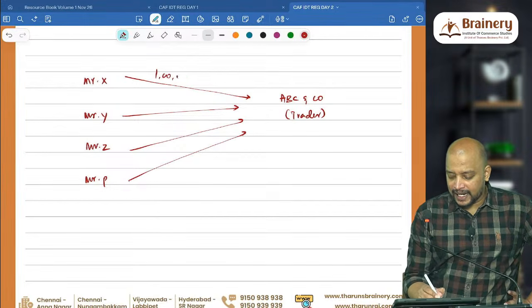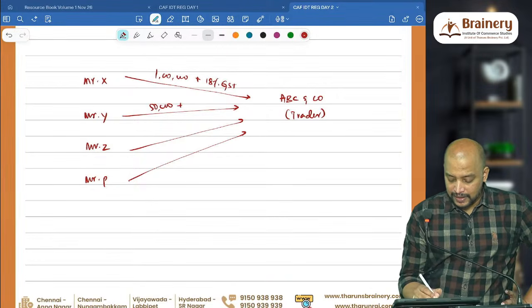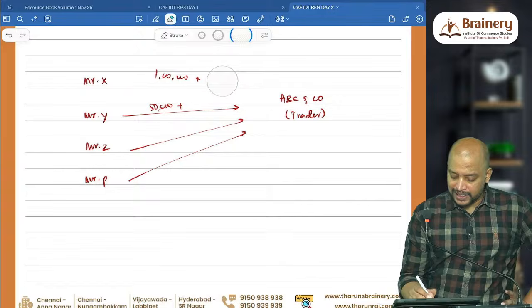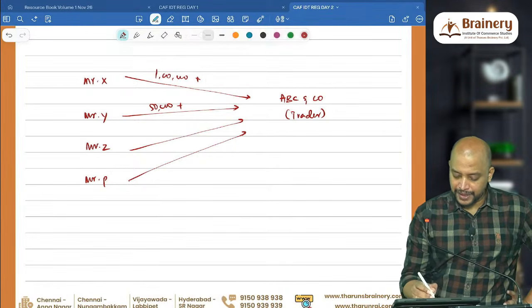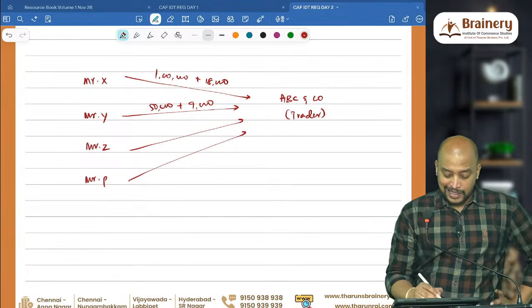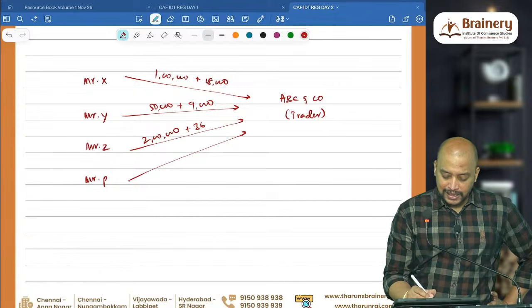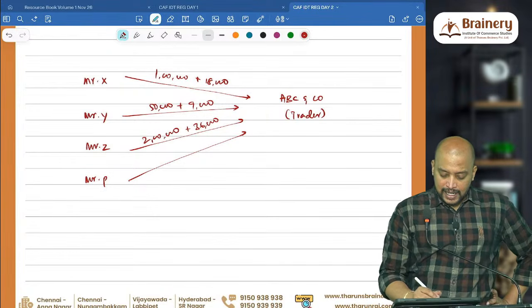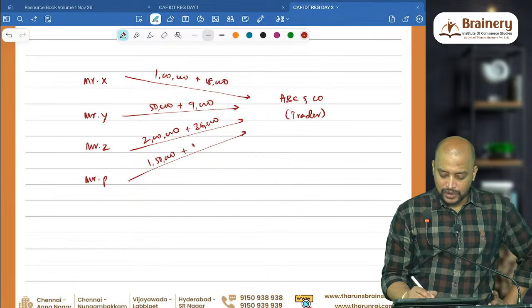Say 1 lakh plus 18% GST, 50,000 plus, so what is it? 18% GST means 18,000, then 50,000 plus 9,000, then 2 lakh plus 36,000 and 1 lakh 50 plus 27,000.